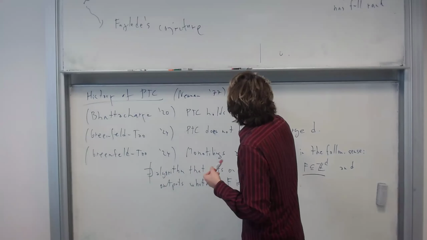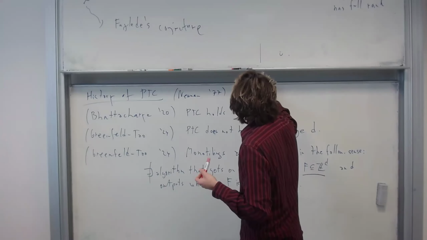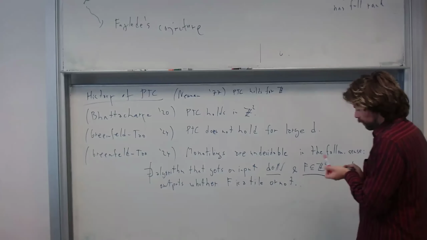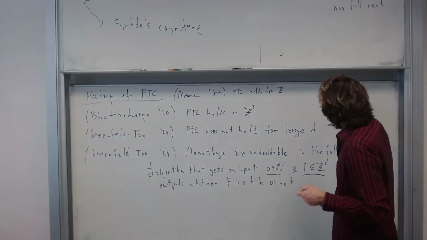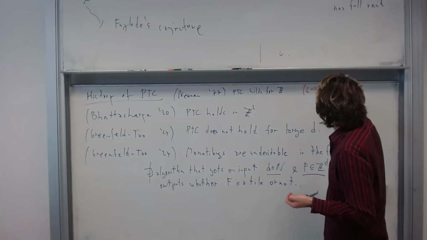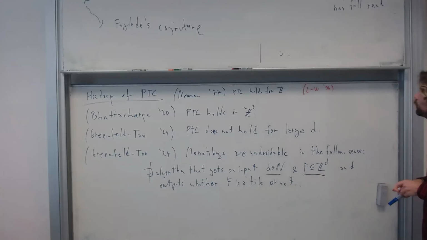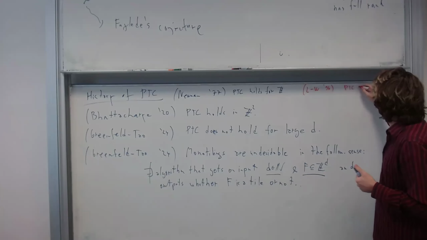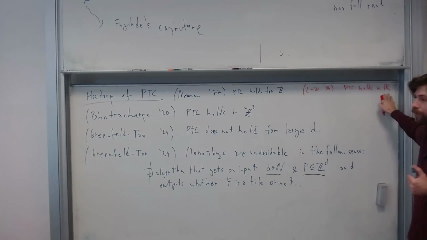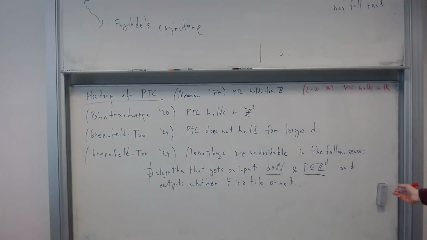I mean something stronger, but let's say PTC holds for Z. And in R, this is also Lagarias and Wang. And this is like much more complicated, but PTC holds in R as well. And here I mean for measurable tiles, so like for measurable shapes, as I defined it in the beginning.